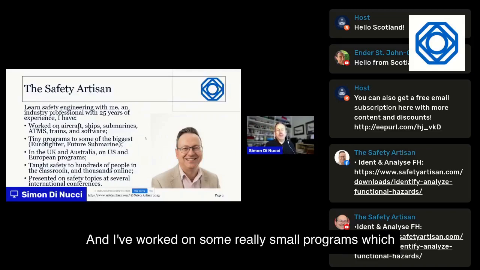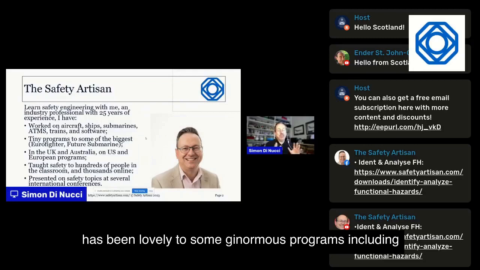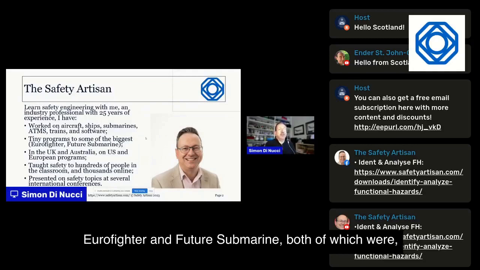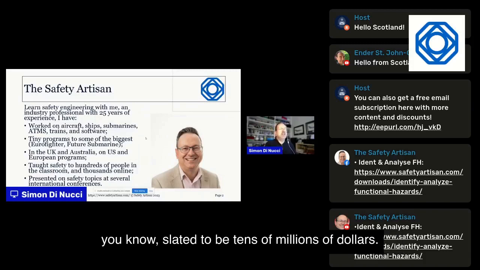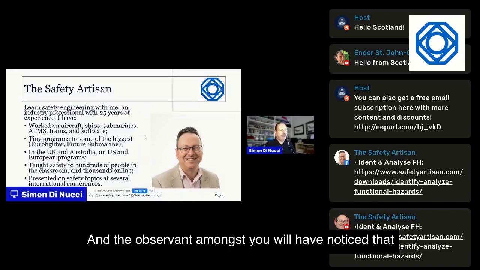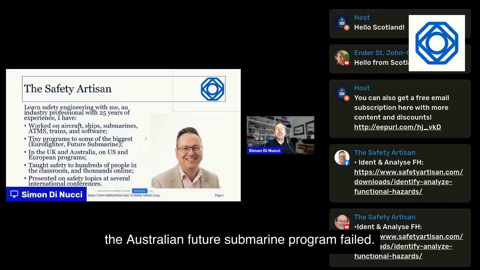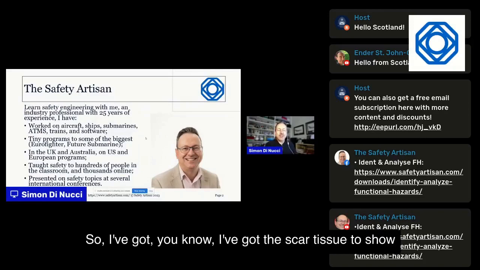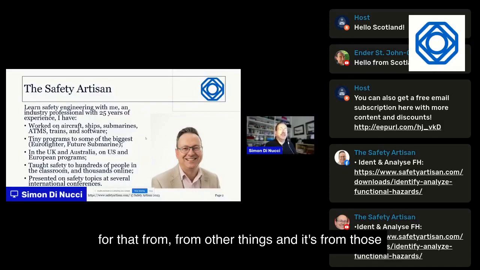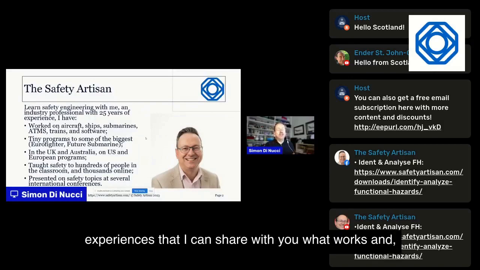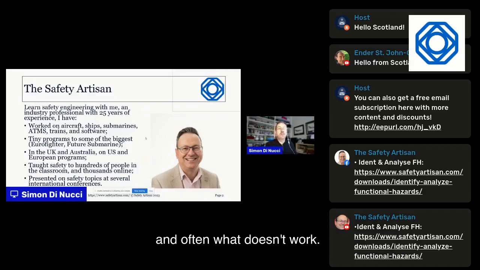And I've worked on some really small programs, which has been lovely, to some ginormous programs, including Eurofighter and Future Submarine, both of which were slated to be tens of billions of dollars. And the observant amongst you will have noticed that the Australian Future Submarine program failed. So I've got the scar tissue to show for that from other things. And it's from those experiences that I can share with you what works and often what doesn't work.